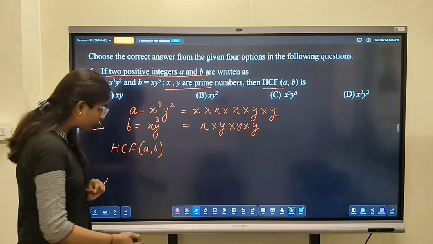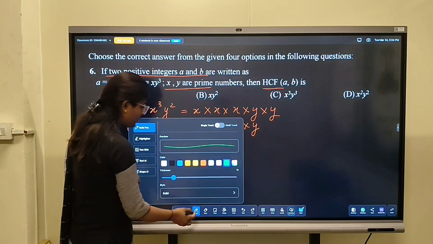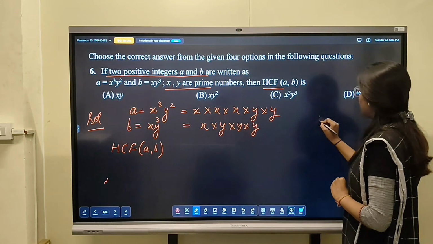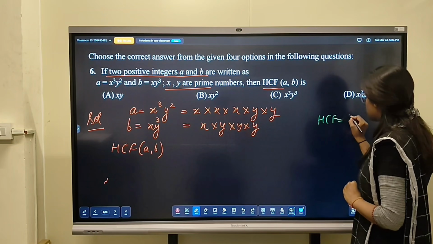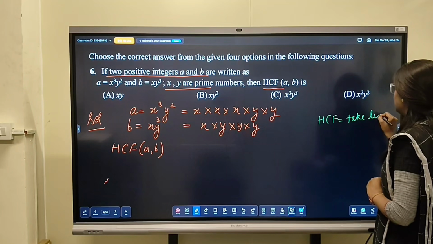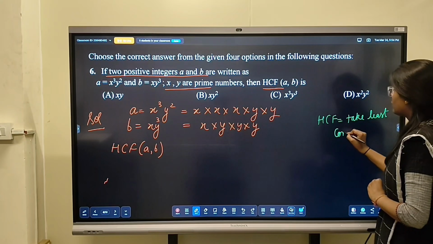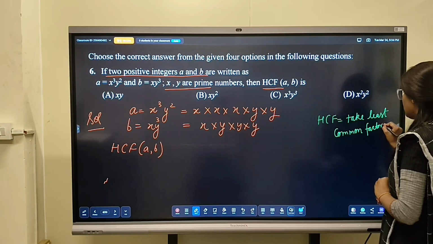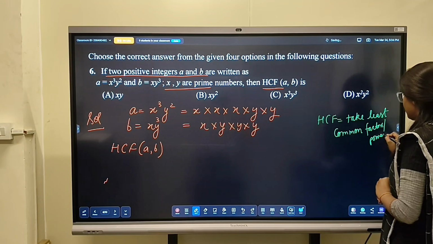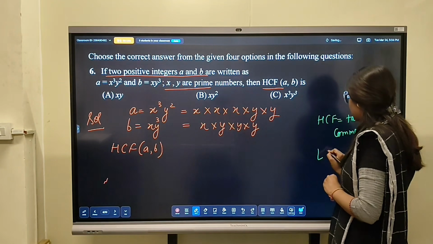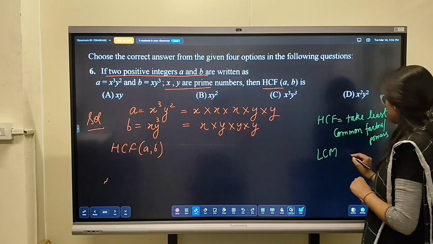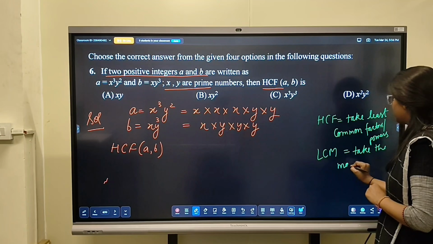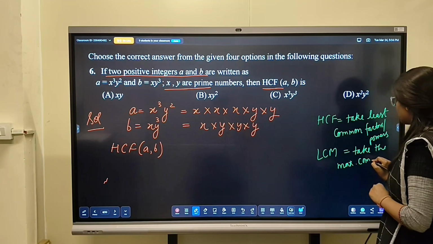Now remember, a very important thing, whenever you are finding the HCF of algebraic expressions, take the least common factors, or you could say powers. And when you are finding the LCM, because we will be using it further in the next question, you have to take the maximum common power.